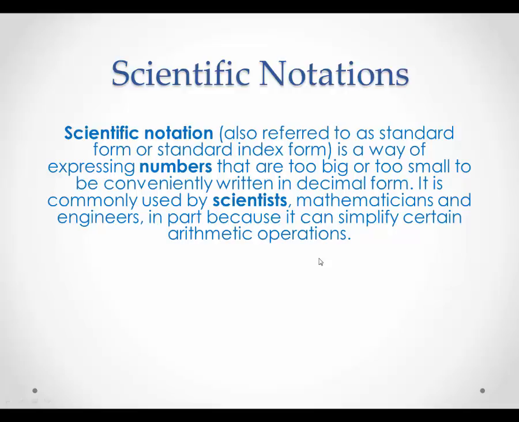Basically, to newbies, that may sound like a bunch of gibberish, so we will definitely try our best to help you understand by simplifying and breaking down exactly what we're saying in this definition. Some examples of scientific notation are as follows.